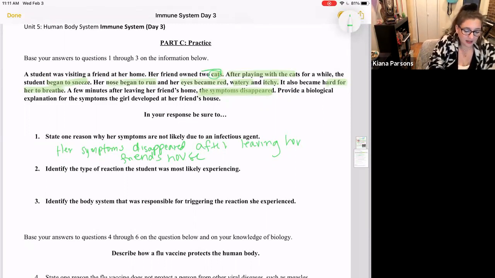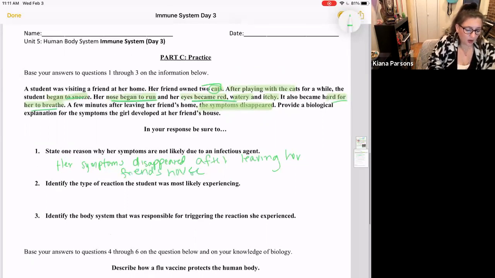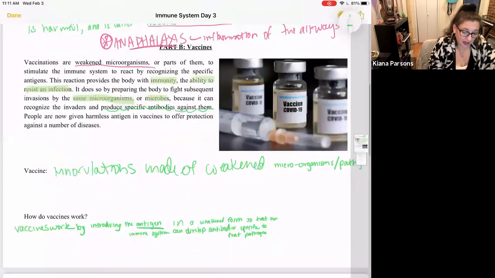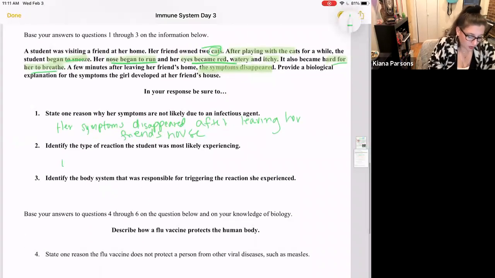So there's cats. It's hard for her to breathe. She began to sneeze. Her nose began to run. Uh-oh, it sounds like a reaction to an allergen or something that causes an allergic reaction. In this case, I'm guessing the cats. So the student was experiencing an allergic reaction.